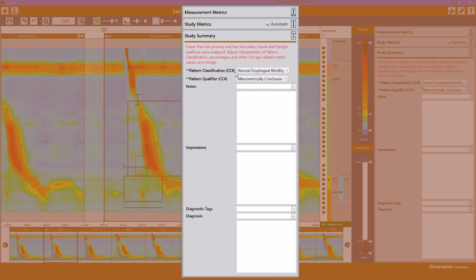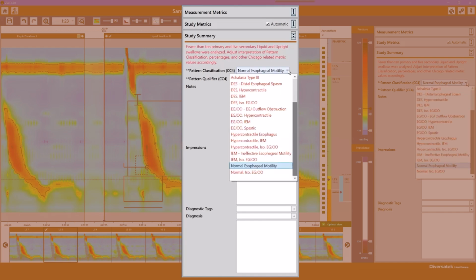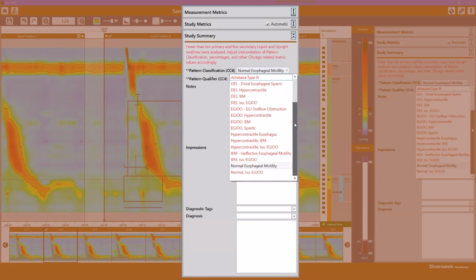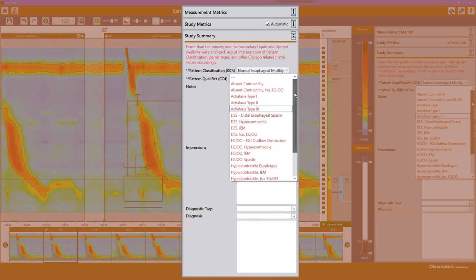The pattern classification has been updated for new criteria in the Chicago 4 publications, and there are many more possible categories. The major change was to EGJ outflow obstruction and also to ineffective esophageal motility. With this version of ZView, we'll allow for 2 criteria to be listed if criteria for both were met.